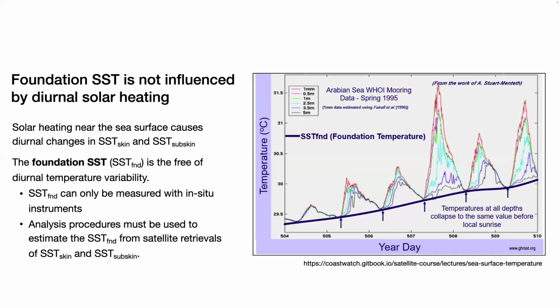Okay, and there's a third temperature that is referenced in some of the literature called the foundation temperature, and that's the temperature that doesn't undergo the seasonal oscillations and the diurnal heating and cooling that you see there.